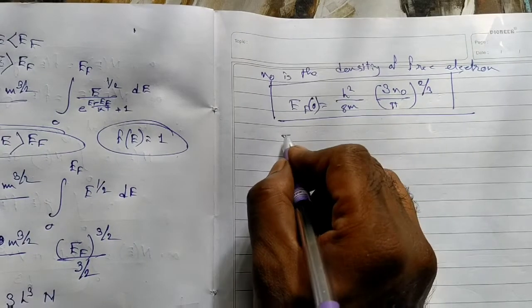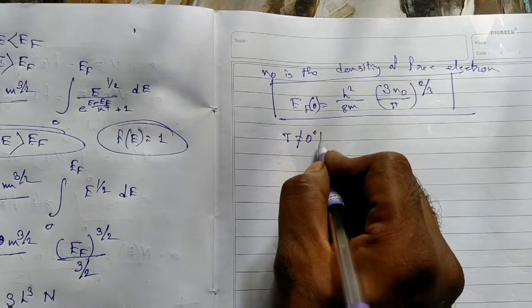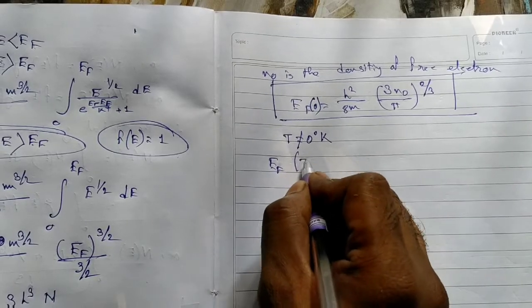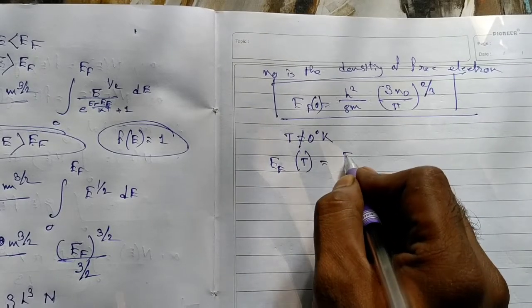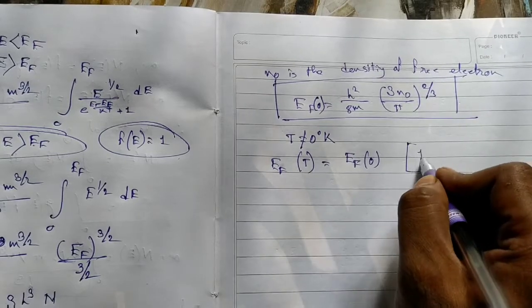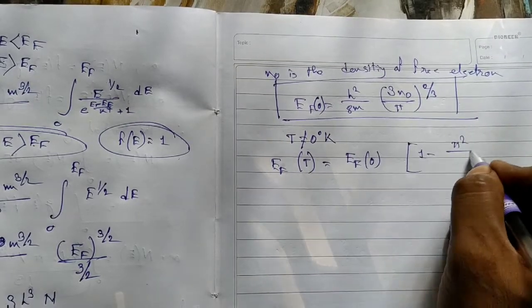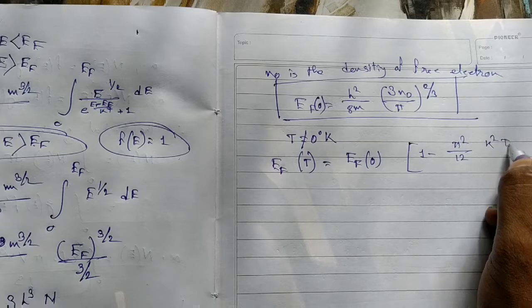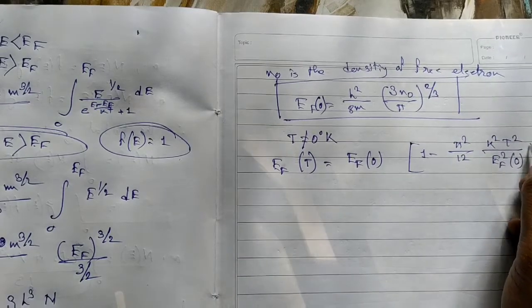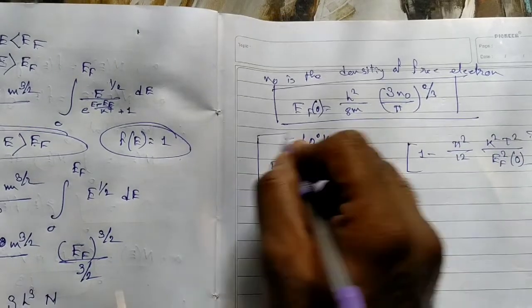If the temperature is not 0 degree Kelvin, then EF at T is equal to EF0 times 1 minus pi square by 12, k square T square by EF0 square.